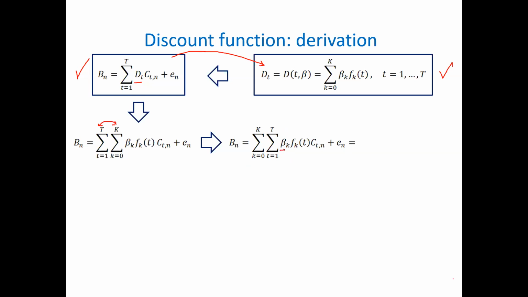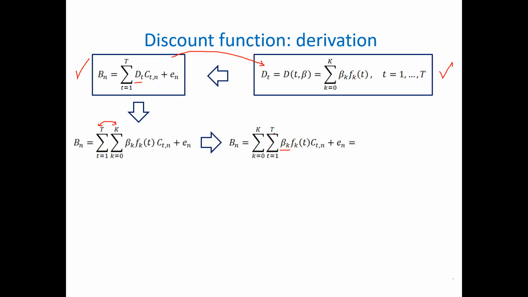If you look at beta k, then you know that beta k depends only upon k. So beta k is a slope coefficient, and therefore even when we sum up over all t's, beta k does not change because it does not depend upon t, it depends upon k.